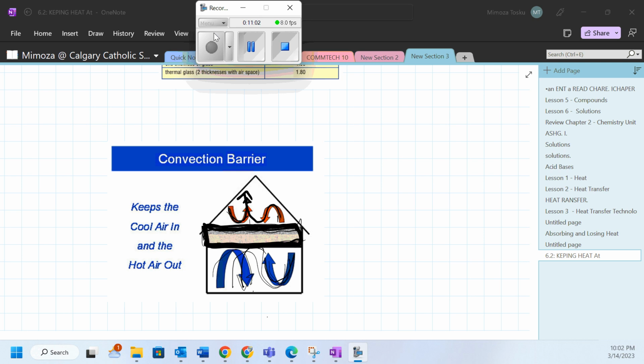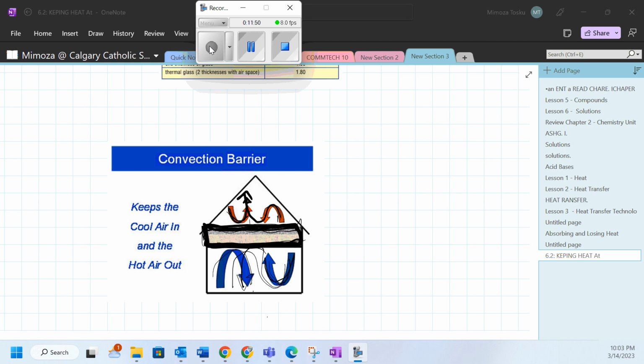The draft, the cold air coming from the window, has two reasons: the insulation of the glass that the windows have is not the best, which is why triple panel is probably the best way to have better insulation, or the other reason is that the installation of the windows and doors on the outside is not properly insulated. The best way to do that is with foam.